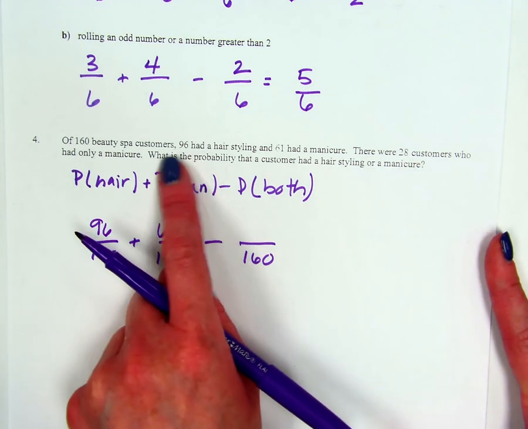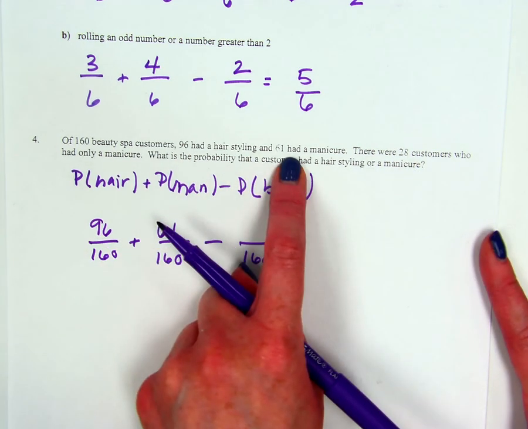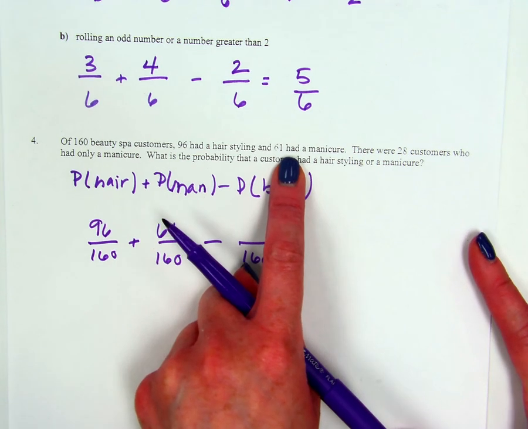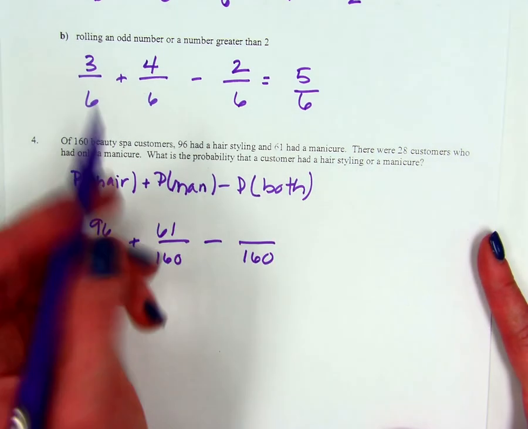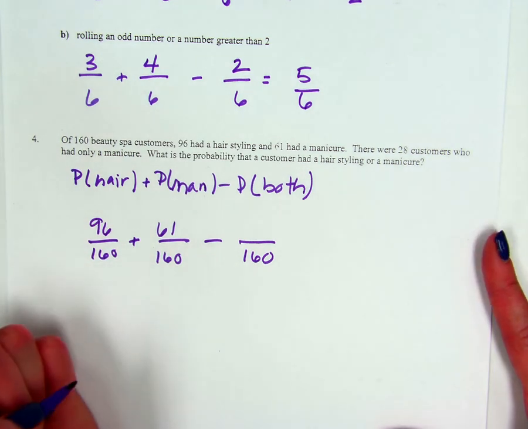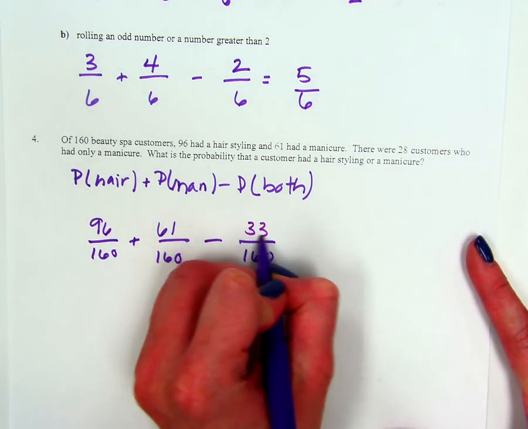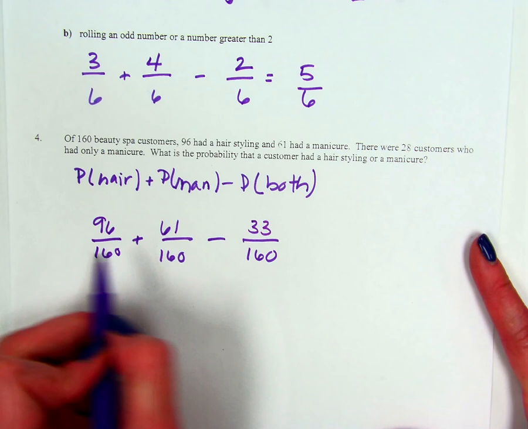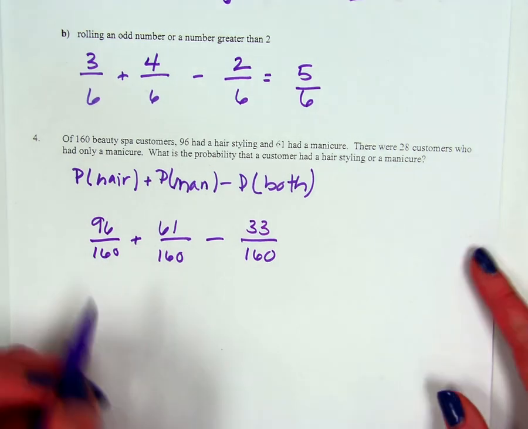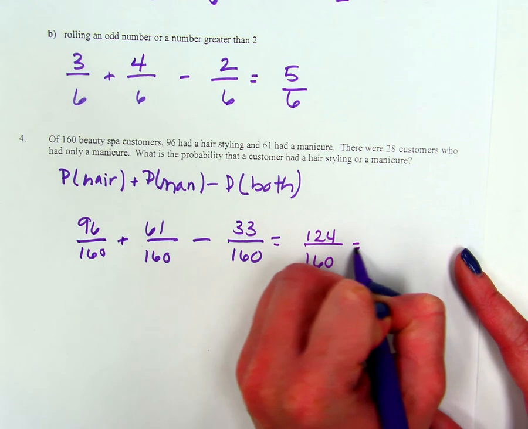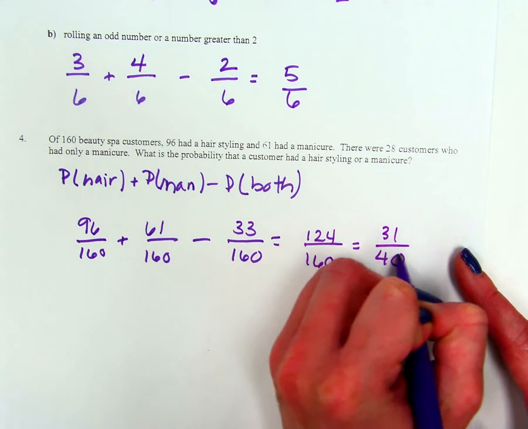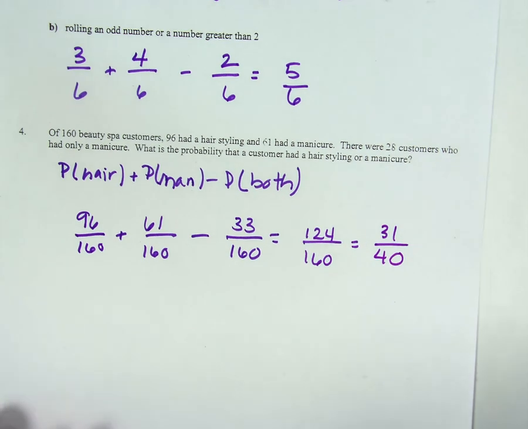It said we had 96 with a hairstyle, 61 had a manicure, and 28 customers who only had a manicure. So we figured out from there that our number is going to be 33. So we're going to add our 96 and 61, subtract our 33, and we have 124 over 160 equals 31 over 40. And that's it for today.